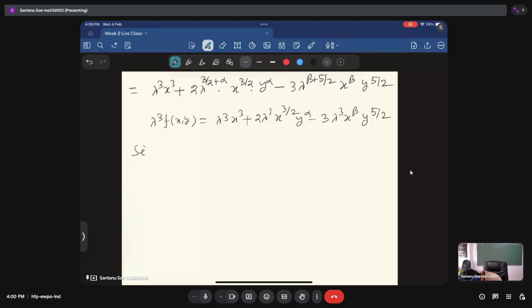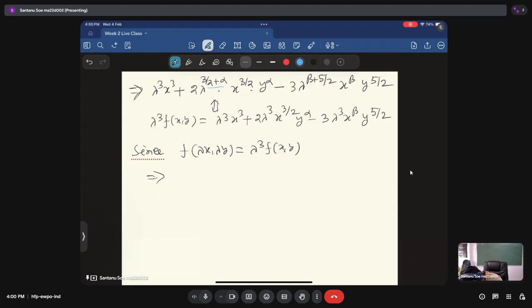Now since f of lambda x comma lambda y is lambda cube f of x comma y, we have to compare these two. So if we compare these two equations, then we can see that the powers can be compared.